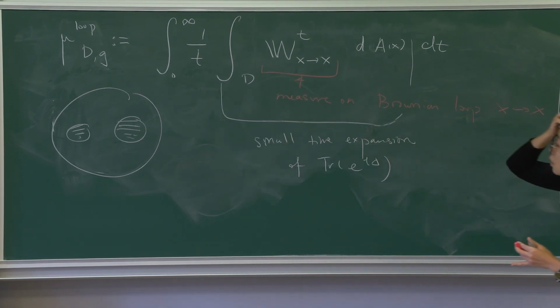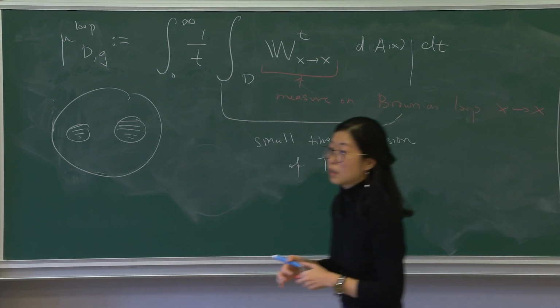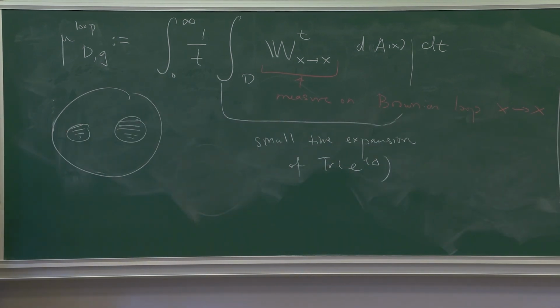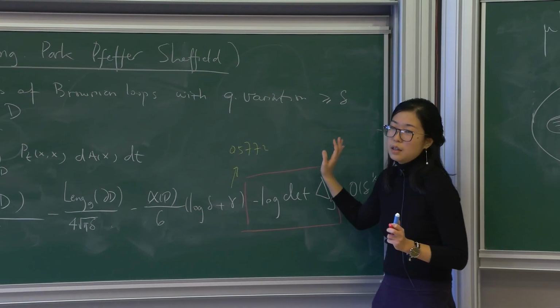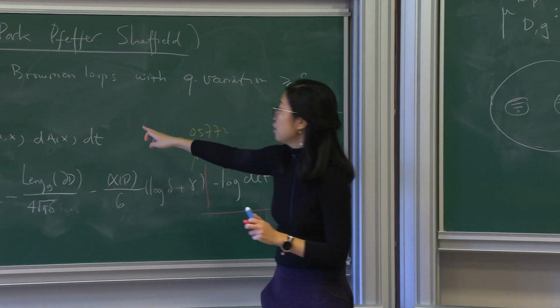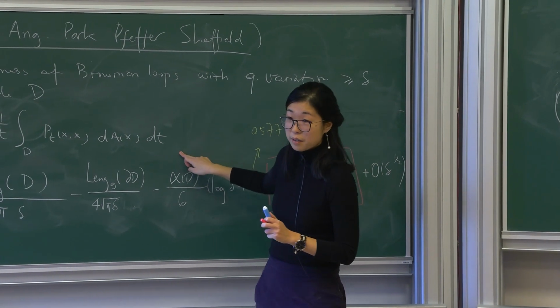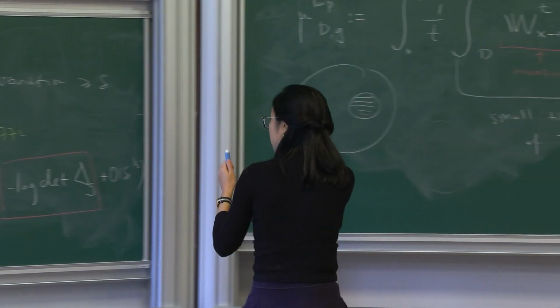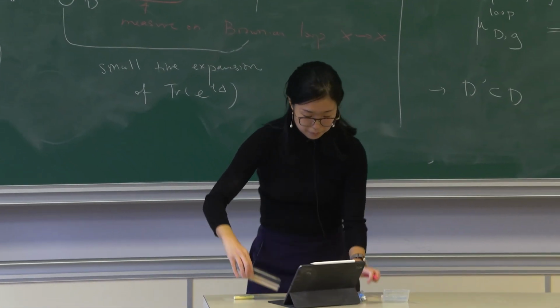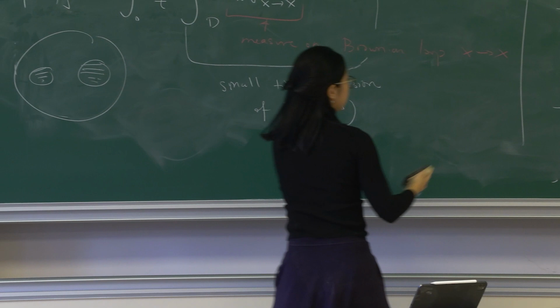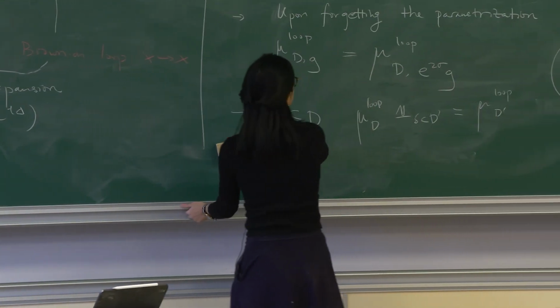But in a way, that was known for a long time. They just express this in terms of a Brownian loop. After all, it's a computation of this guy. But because of this interpretation of Brownian loops, we can do things a bit nicer and give some geometric meaning to several things.